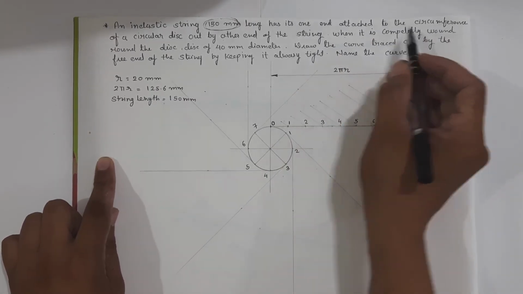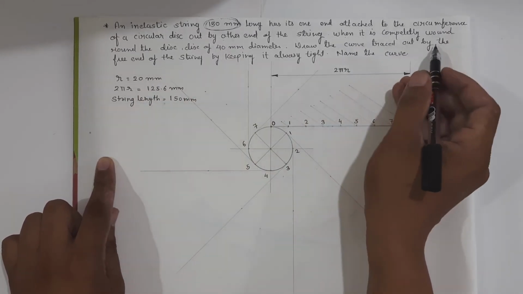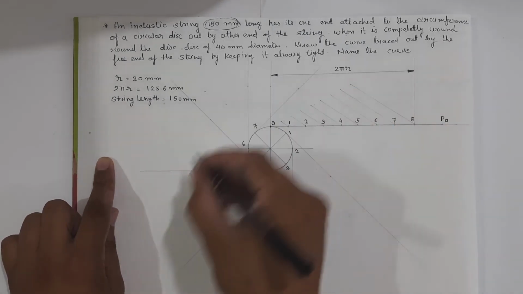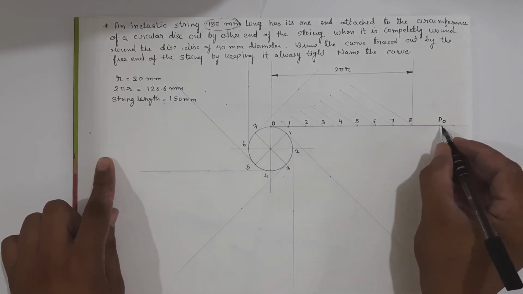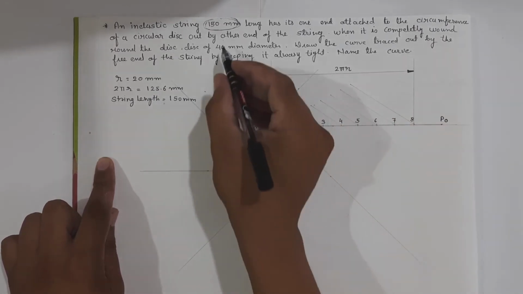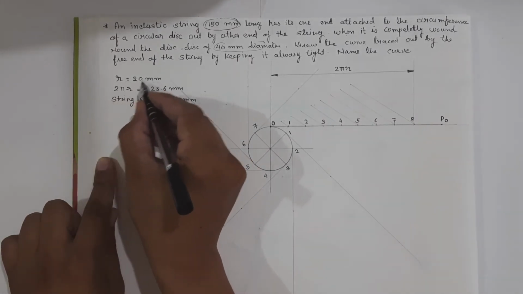When it is completely wound round the disc of 40 mm diameter, draw the curve traced out by the free end of the string. So if the string is completely wound round the circle, we have to draw the curve traced out by the free end of the string. And the diameter of the circle is 40 mm. So the radius of the circle will be equal to 20 mm.